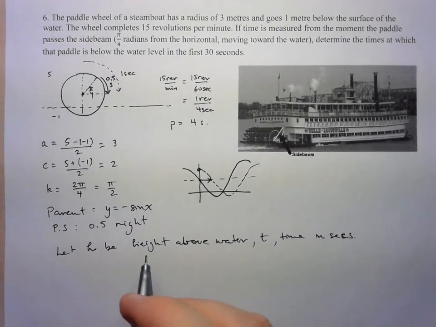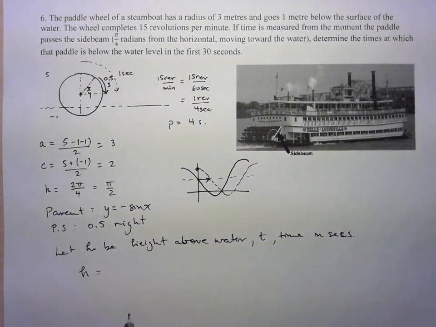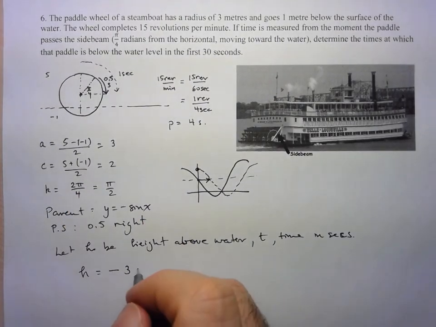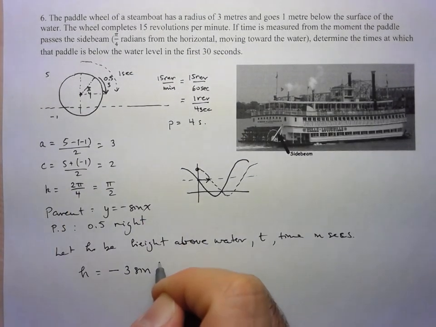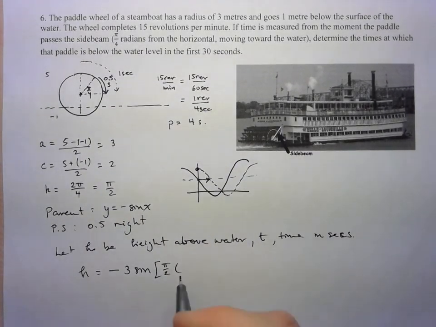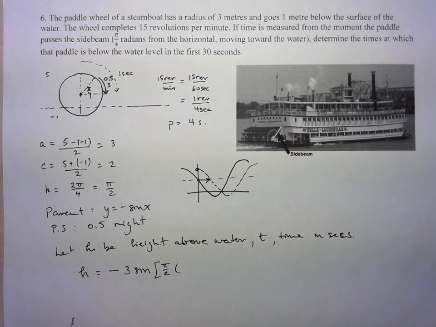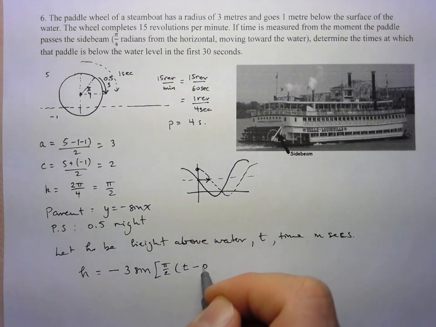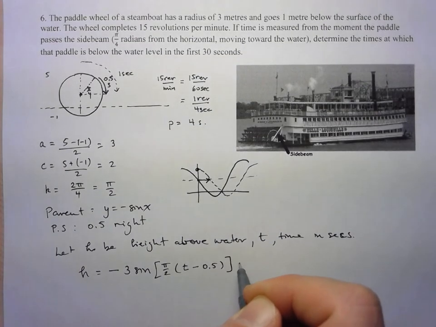All right, so my model then is going to be h equals, so it's negative sine, so negative 3 sine of, my k value is pi over 2, and my phase shift is 0.5 to the right, so it's going to be t minus 0.5, and then plus 2.